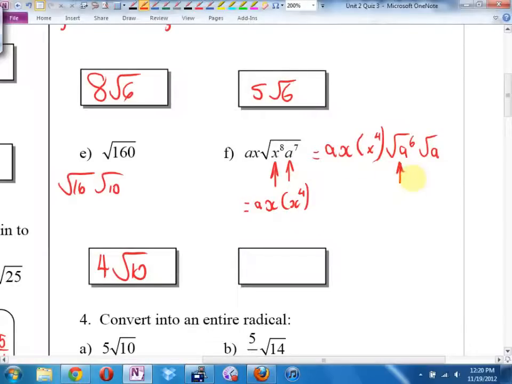What's the square root of a to the 6th? It's going to be an a to the 3rd and a root a left behind. There's going to be a root a left behind, and then I say to myself, self, how many a's are there? I think there's 4 of them. How many x's are there? I think there's 5 of them. I think it's a to the 4th, x to the 5th, root a. Half mark for the a to the 4th, x to the 5th, half mark for the root a. That's a tough question.